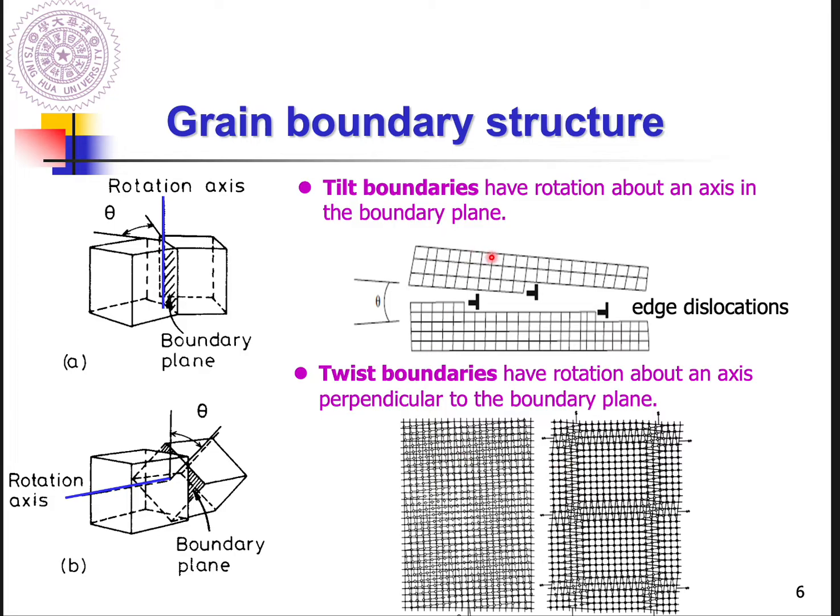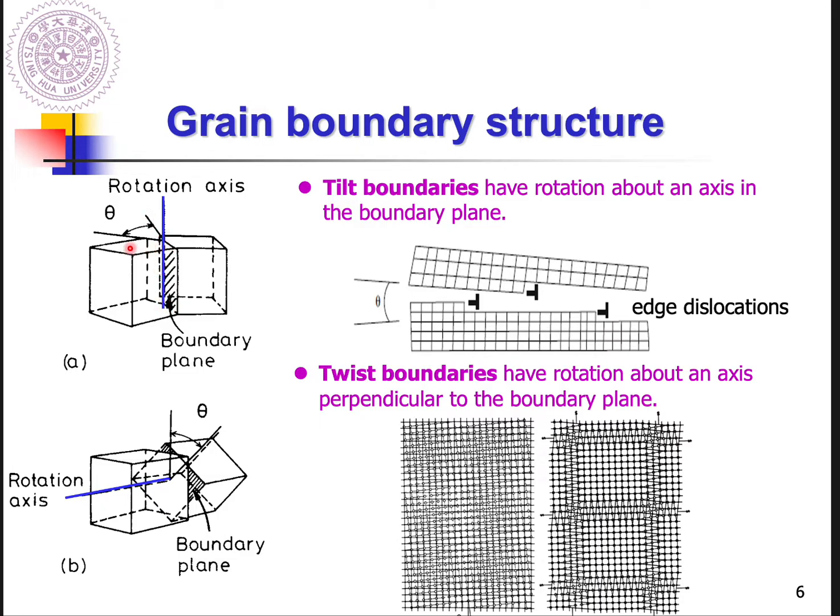Okay, so this slide is going to introduce two commonly seen grain boundary structures. The first one is the tilt boundary, the second one is the twist boundary. For the tilt boundary, we have grain 1 and grain 2 and a grain boundary plane, and the rotation axis is parallel to the grain boundary.